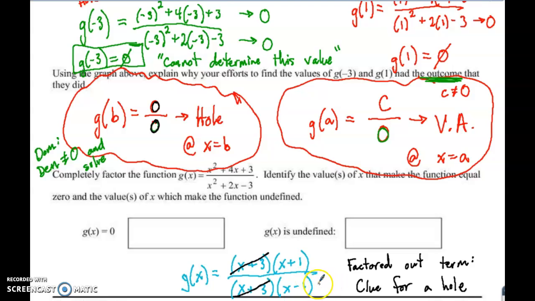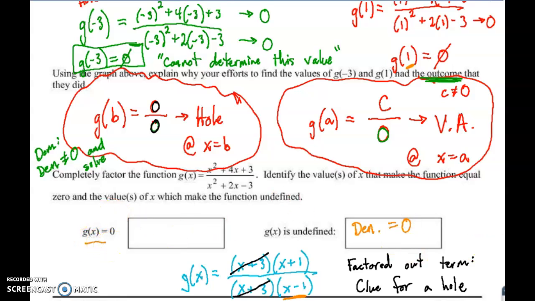Now, what about the denominator? Well, if you look at the other piece in the denominator, I'm looking at this x minus 1, that was the one that gave me g of 1 up here. So where g of x is undefined is setting the denominator equal to 0. And where does g of x equal 0?